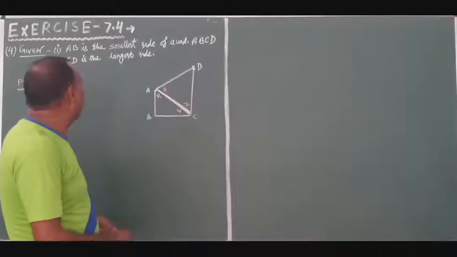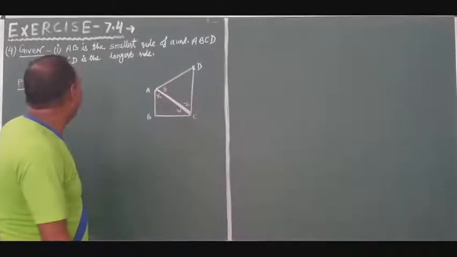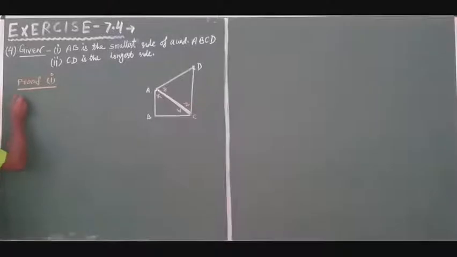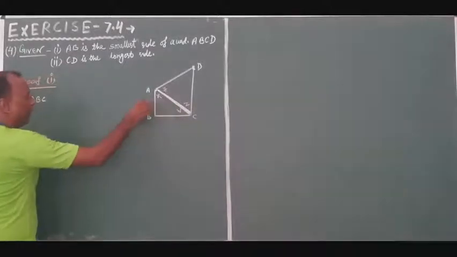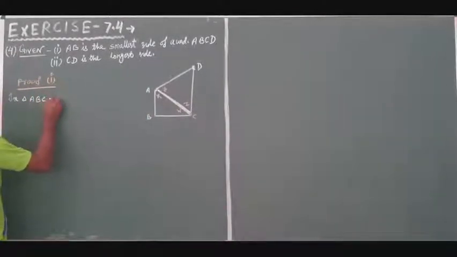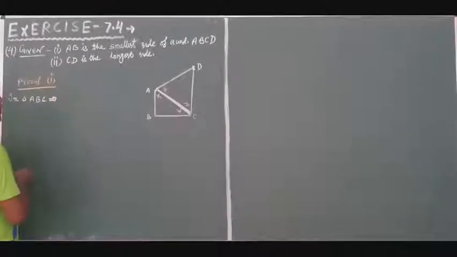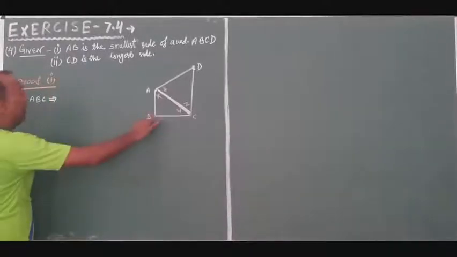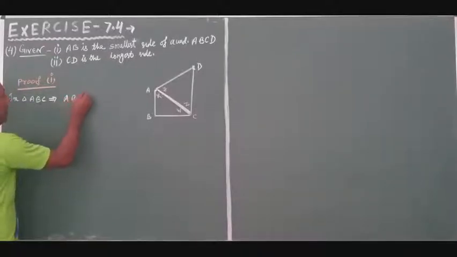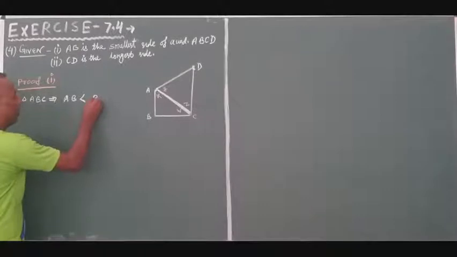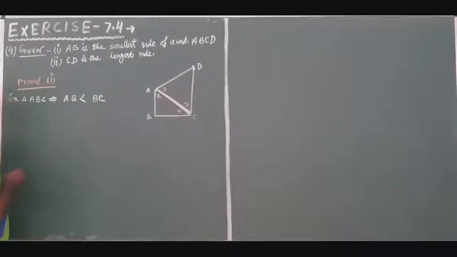Now, what you are given, the first thing: AB is the smallest side. Now look, in triangle ABC, what is given? AB is the smallest side. It means AB will be less than BC, because AB is the smallest side.